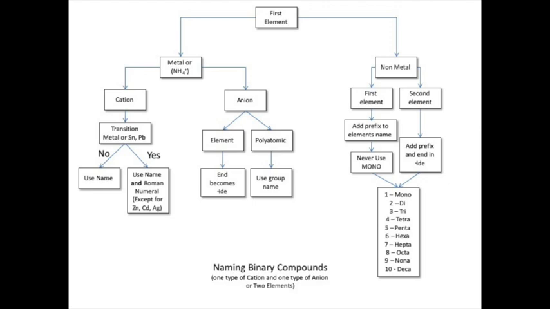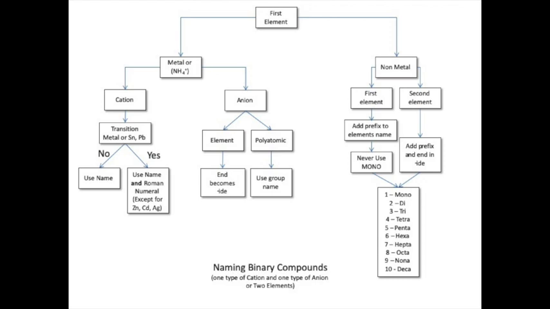What we really do is, before we actually do naming, we have to decide which way we're going to name it. The best way to do that is to look at the first element, the first thing that you see in the compound written. You will have either a metal or that NH4 group.